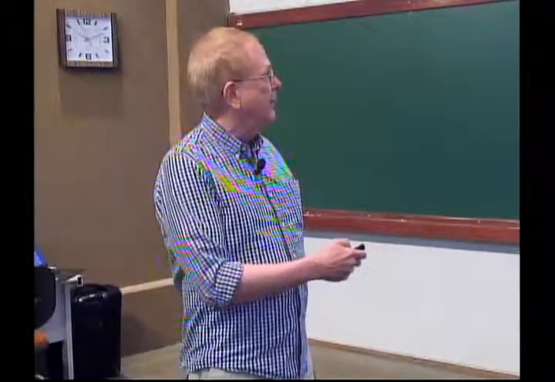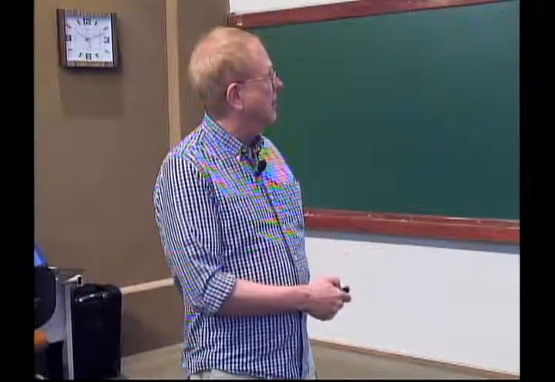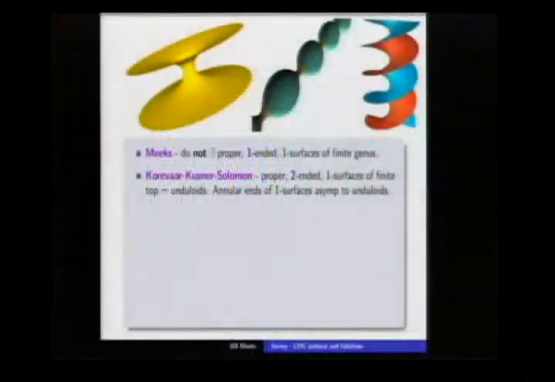Then we have this wonderful result of Korevaar, Kusner, and Solomon, which used a result that I had, that the annular ends are cylindrically bounded. So when you have a proper annular end, it's actually contained in a bounded distance from a line in R3.